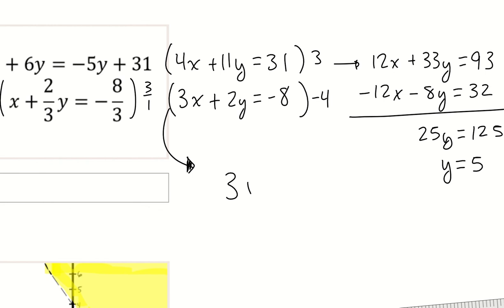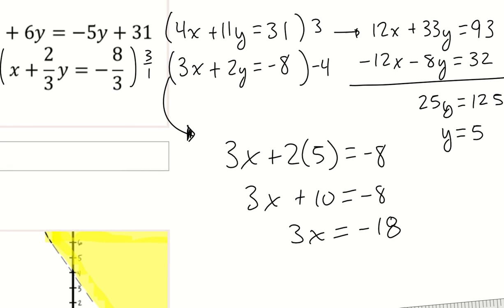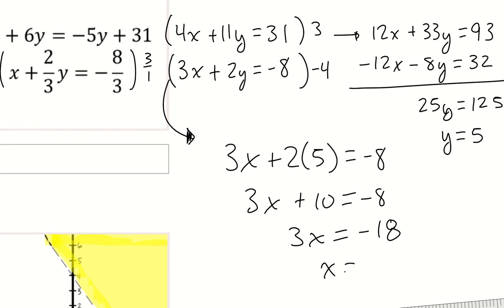So I'm going to write 3x plus 2 times y, which is 5, equals a negative 8. So 3x plus 10 is negative 8. That means that 3x is negative 18. And then if I divide both sides by 3, I get that x is negative 6.